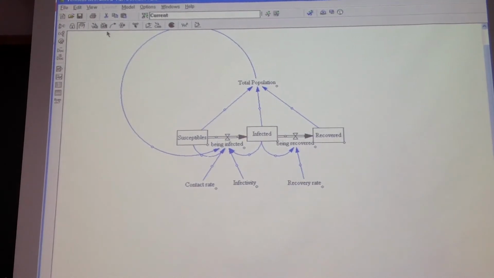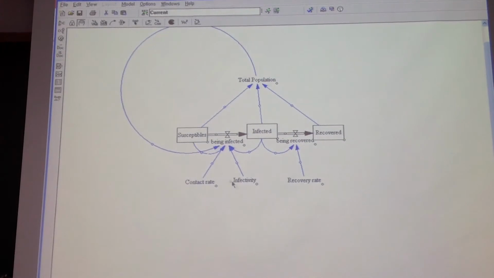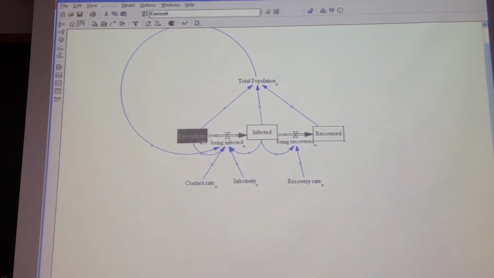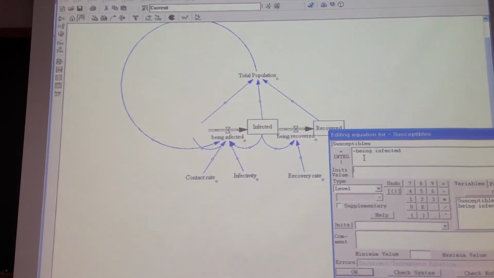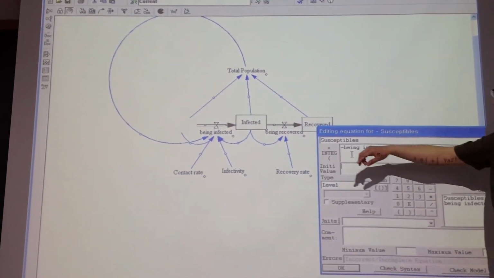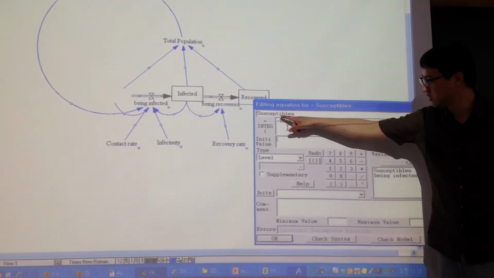Okay, so let's start with susceptible. The level variable susceptible: the software already knows that I'm taking people out of the susceptible population, so it automatically has this.